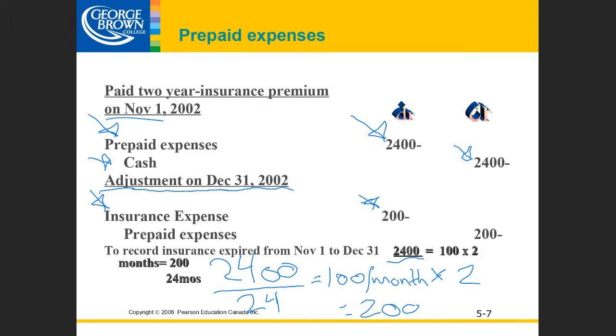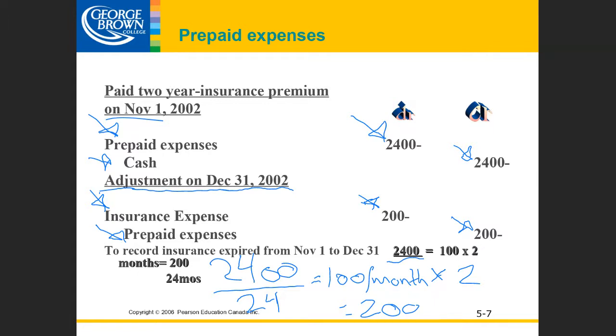And then we credit our prepaid expenses by $200, to show that we've used up $200 of that prepayment. The description for the entry could be something to the effect of, to record insurance expired from November 1st to December 31st. Okay.